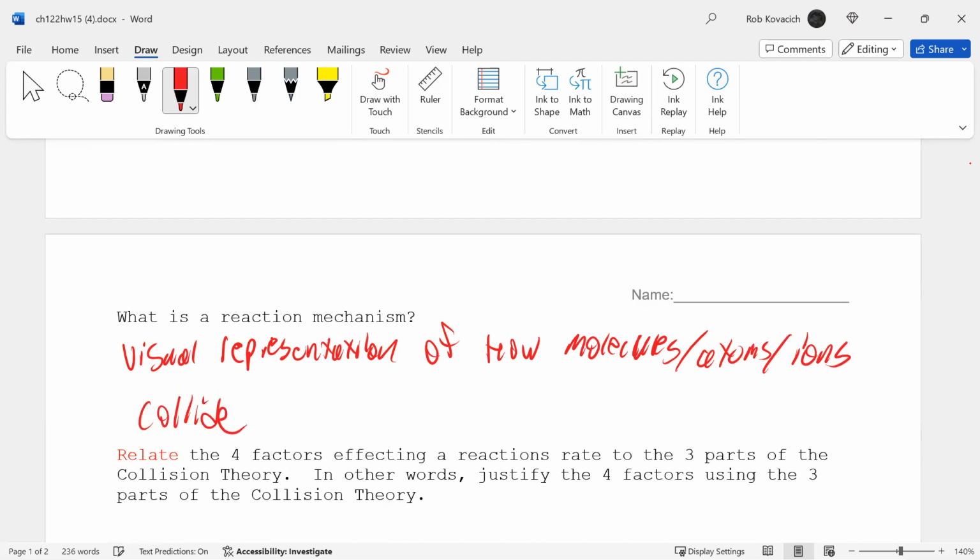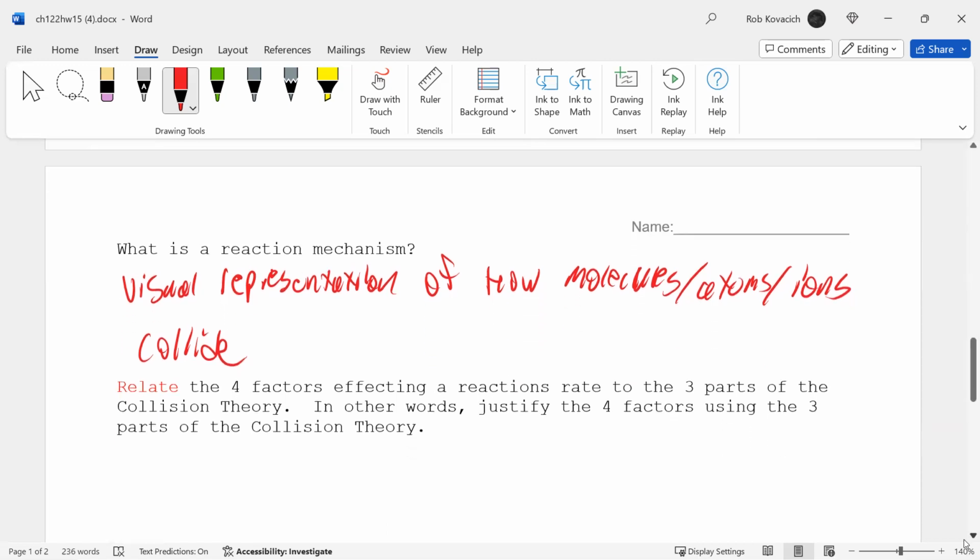So you have a visual representation of how the molecules actually run into each other and then what their products are, how they react to produce what you come up with. I think I said this before when we were talking about mechanisms, but if you take organic chemistry, half the class is you going through reaction mechanisms to understand what product is going to be made and why that product will be made.